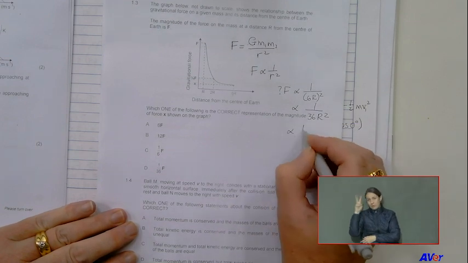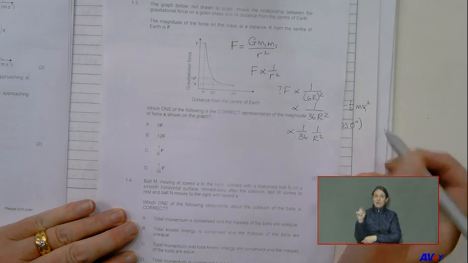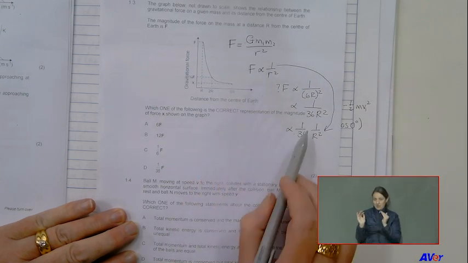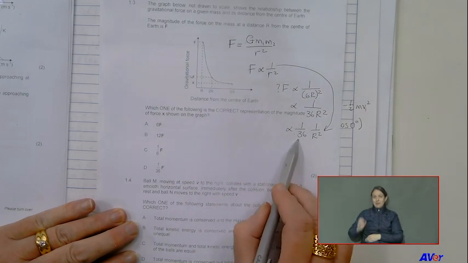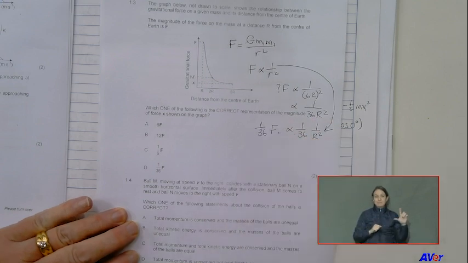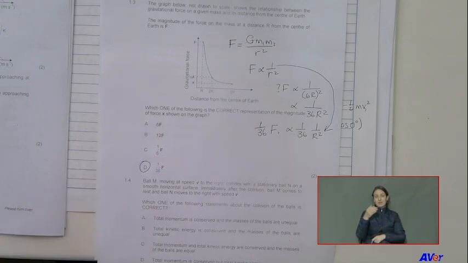That means 1 over 36, times 1 over r squared. So I'm comparing it to that one. My right-hand side becomes 36 times smaller, so my left-hand side must also become 36 times smaller. So the answer will be D. That's very important. You must understand that relationship and you must remember to square.